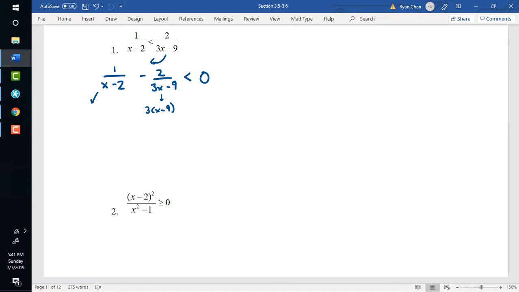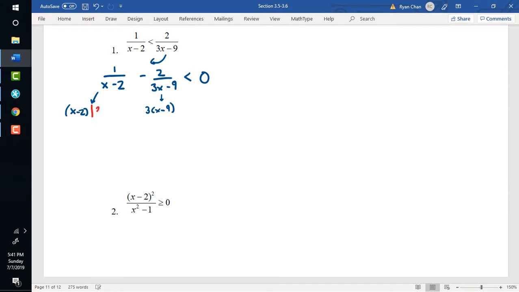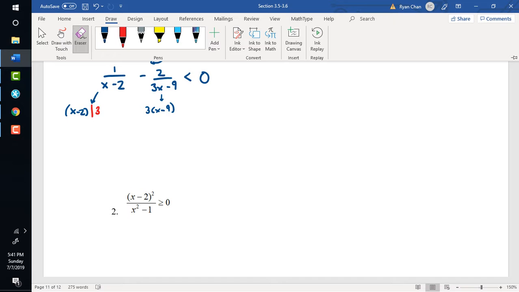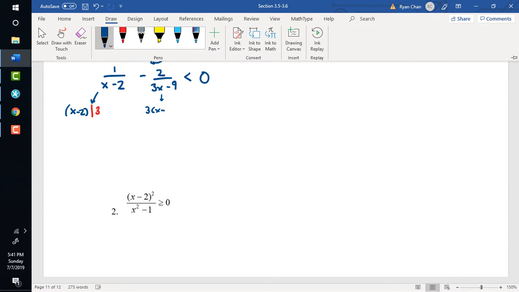And then x minus 2, let's talk about this. So I'm going to look at these two, and I want to see what they're missing. So notice x minus 2 is missing a 3. And it's missing a... Sorry, my apologies. When I factor this, this should be x minus 3. Let me correct that.